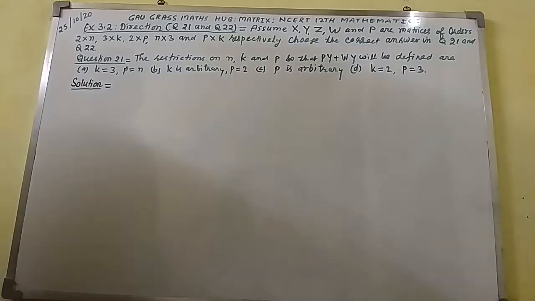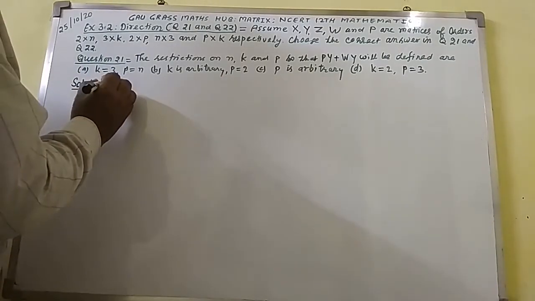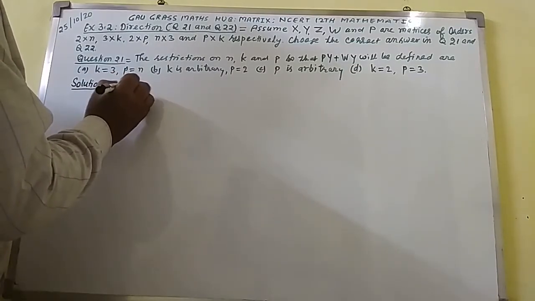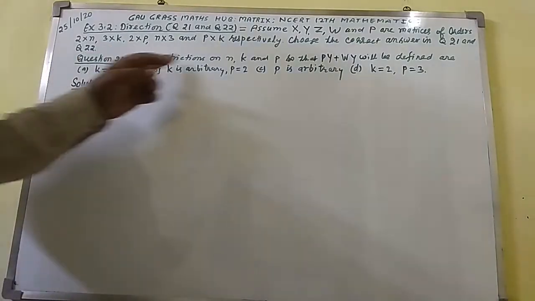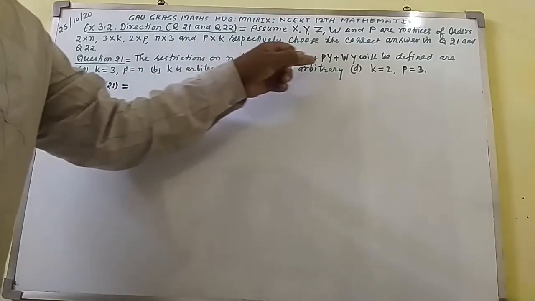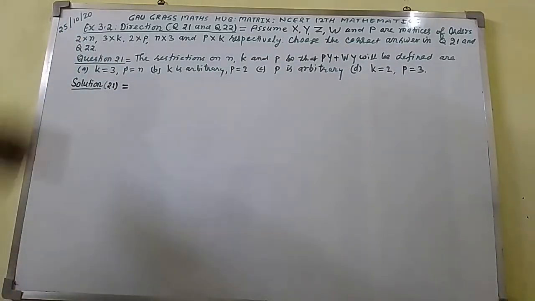Now coming to the solution of question number 21. Here the restrictions on n, k, p so that PY + WY will be defined, as there are 4 options available.